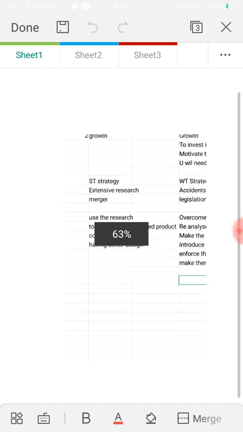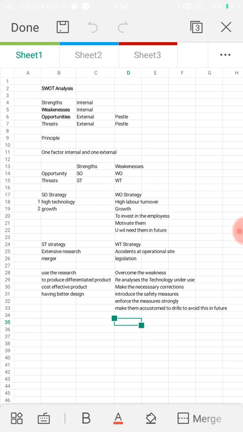So these are the basic factors of SWOT analysis, and this is how the entity uses this analysis to make a better strategy for the future, because every entity wants to remain in the competition.